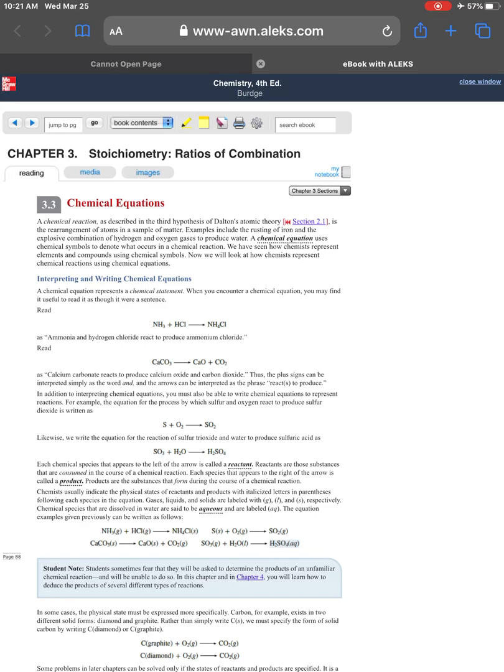Read: NH3 plus HCl, arrow, NH4Cl, as ammonia and hydrogen chloride react to produce ammonium chloride. Read CaCO3, arrow, CaO plus CO2, as calcium carbonate reacts to produce calcium oxide and carbon dioxide.